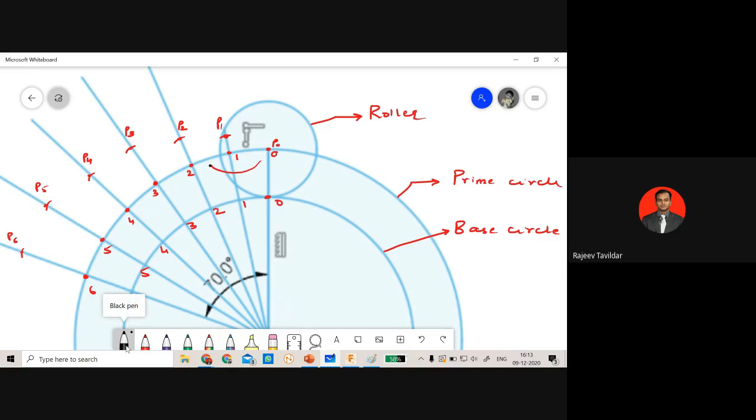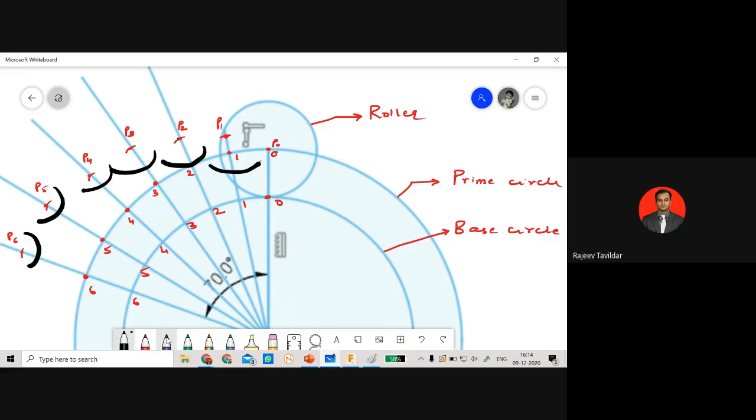Then again with center P2 and the same roller radius, draw another arc. Then with centers P3, P4, P5 and P6, you can draw one more arc each. Like this, you can go on drawing partial arcs instead of drawing the complete circle.